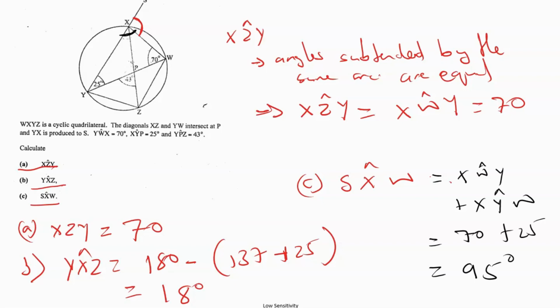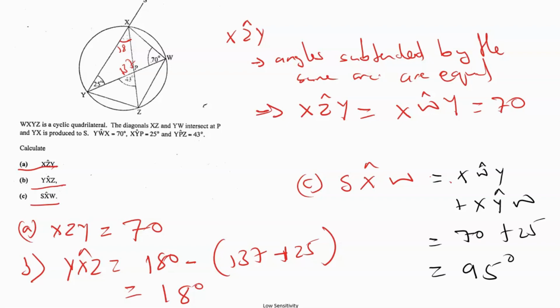Another way, if you want to solve this, is to start by solving everything without looking at the question. We might just look at what the angles should be. We know that this is going to be 137 because this is a straight line. We know this is going to be 18 because this is a triangle.